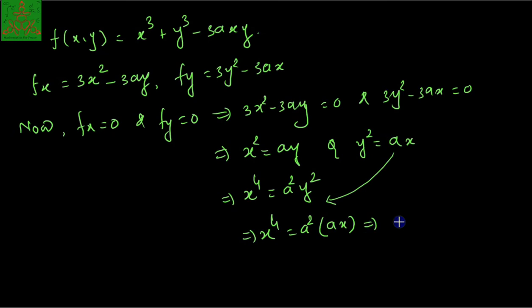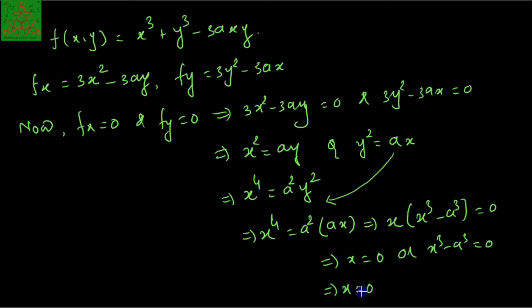So that implies x is common, x cubed minus a cubed equal to 0, and that will give you x is equal to 0 or x cubed minus a cubed equal to 0. And this will give you two solutions, that is x is equal to 0 or x minus a equal to 0.